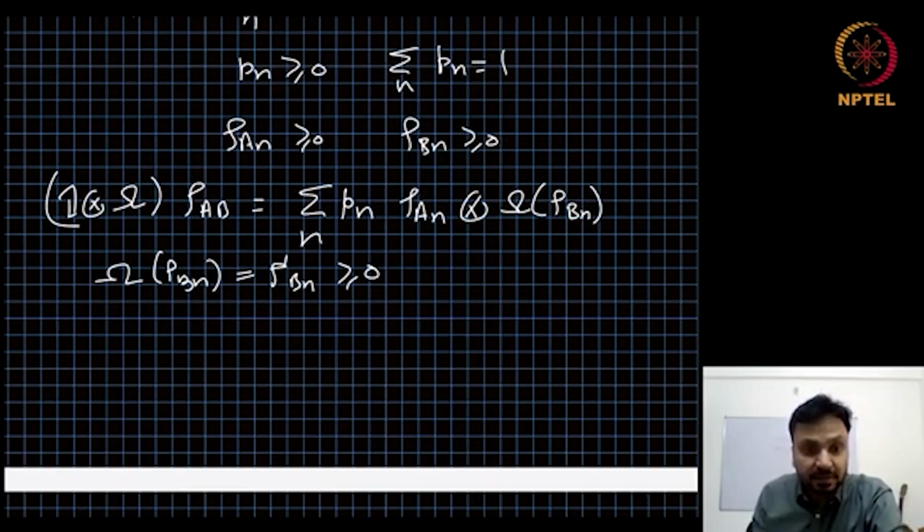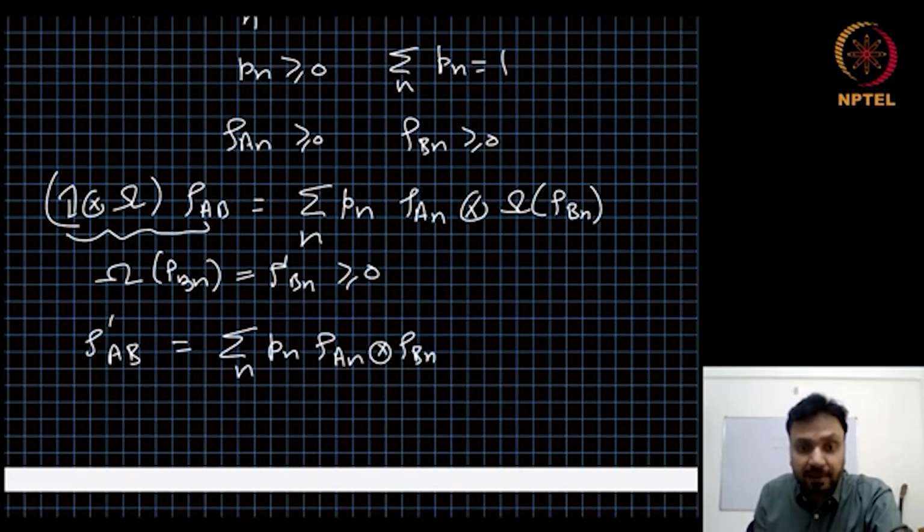So the transformed state rho tilde AB is nothing but sum over n Pn rho An tensor rho Bn prime.